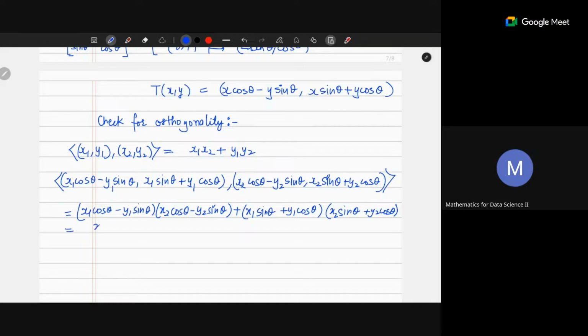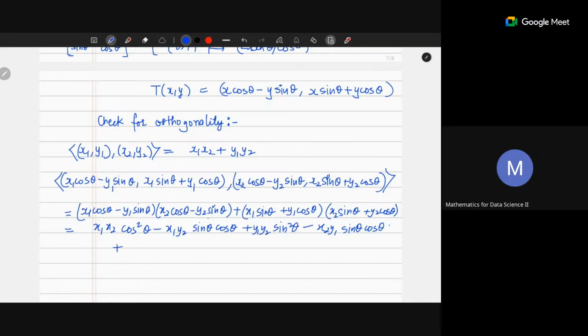If you multiply, what will you get? x1 x2 cos square theta, minus x1 y2 sin theta cos theta, plus y1 y2 sin square theta, minus x2 y1 sin theta cos theta.